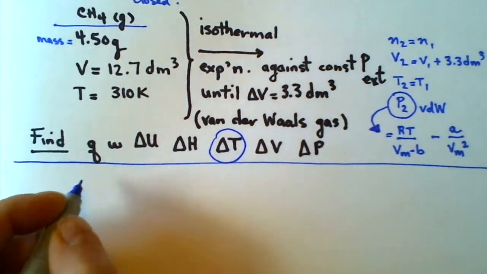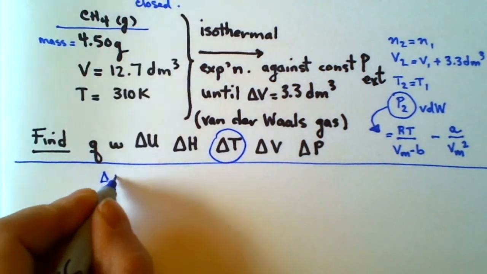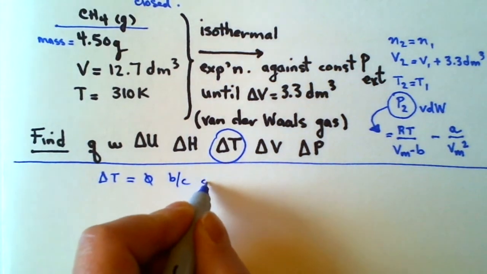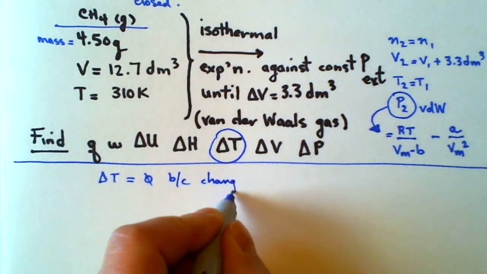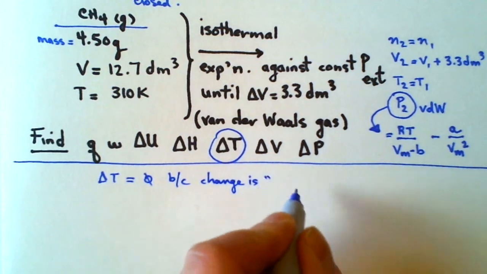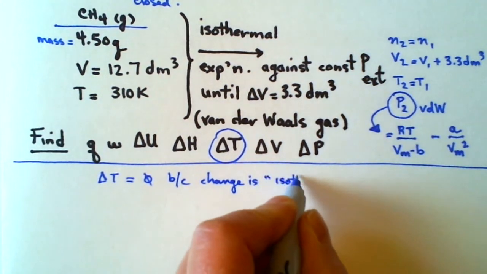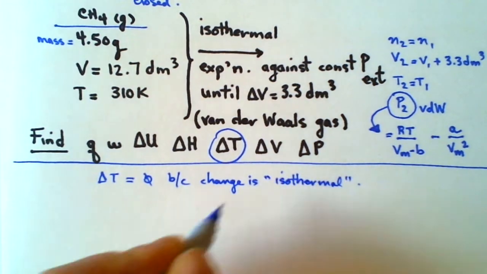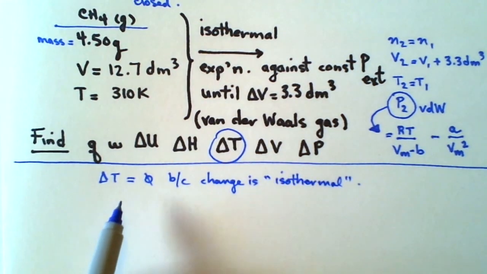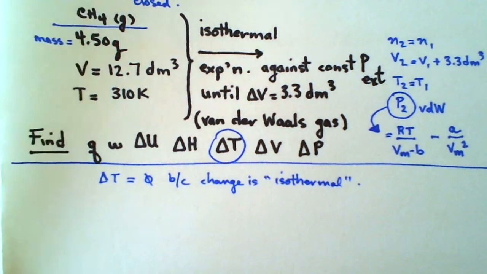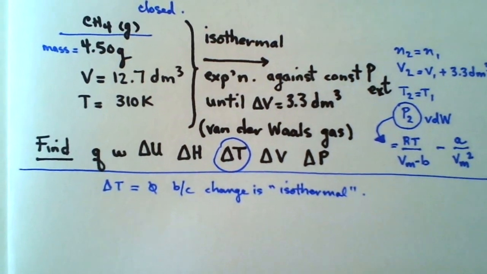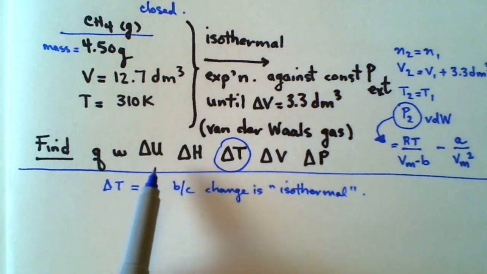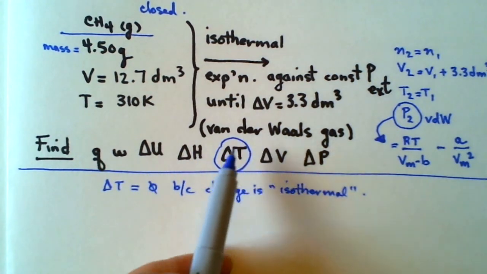So I'm going to say, look, it's isothermal, delta T is equal to 0, because the change is described as isothermal. So let's cross that one off. Start with the easy stuff. Now, if this were a perfect gas, I would move right away to delta U being equal to 0, but it's not perfect. It's van der Waals. Okay?